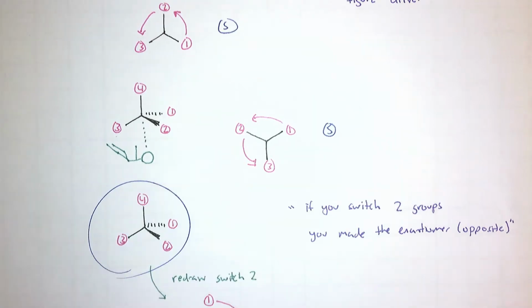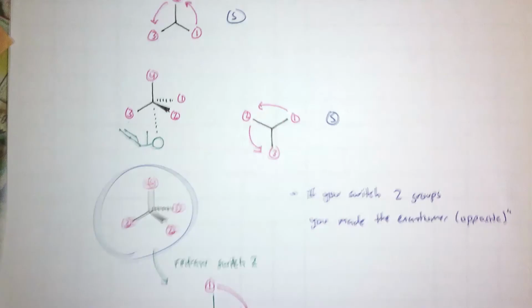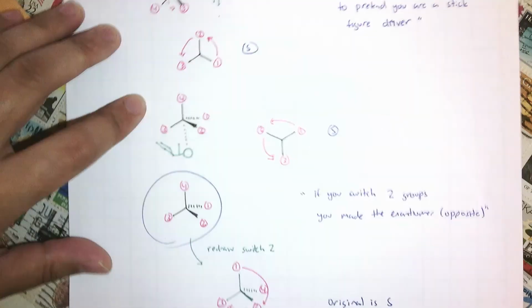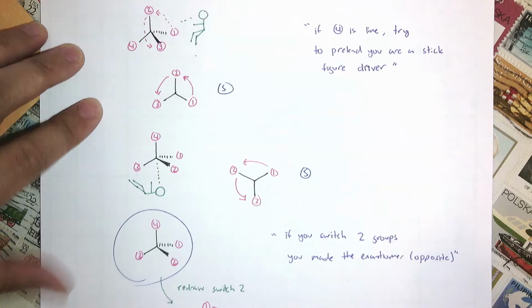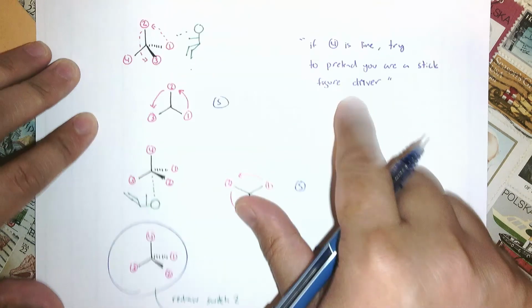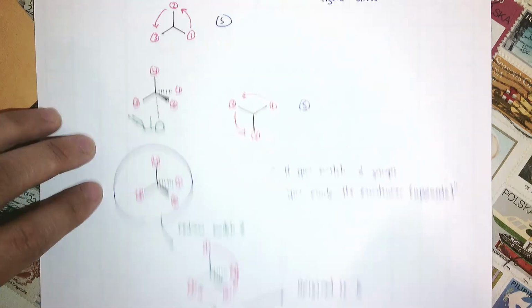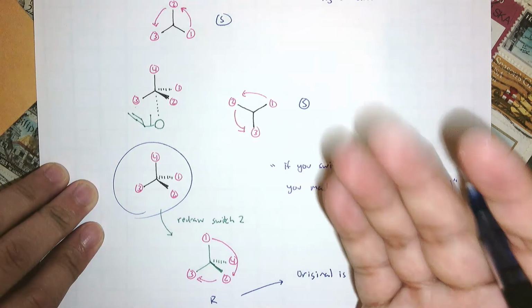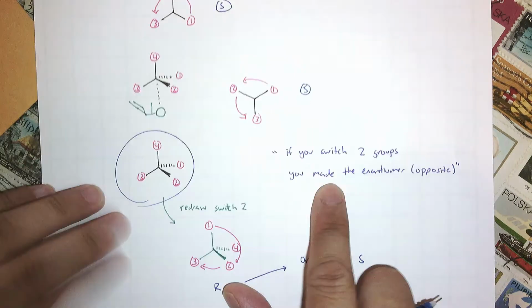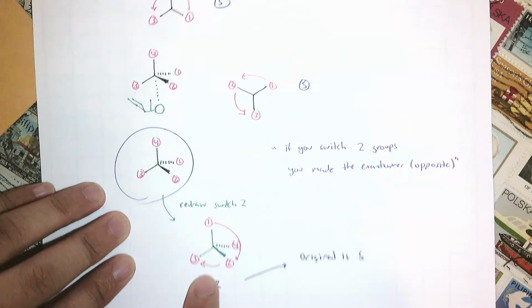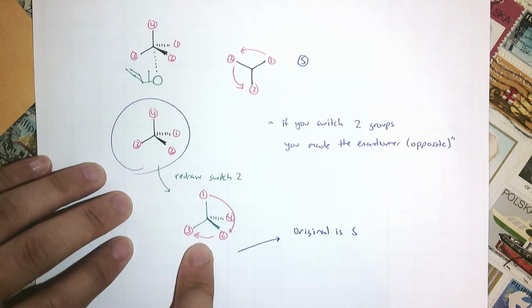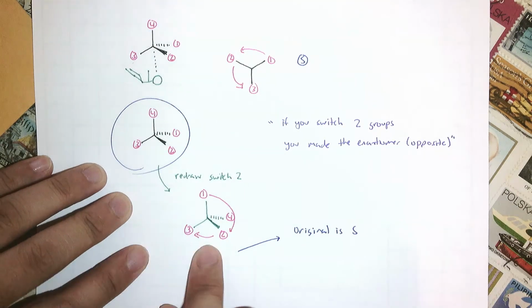Again, if priority 4 is on the line, you could do two things. Either you can pretend you are the driver and literally draw your stick figure, or if you don't like that, which I hope most of you do like, you could do it this way by switching two groups and redrawing it. I just worry that you're giving yourself a chance to make a mistake by redrawing it.